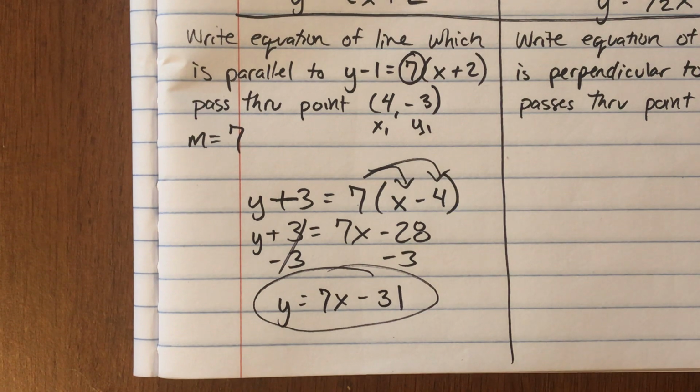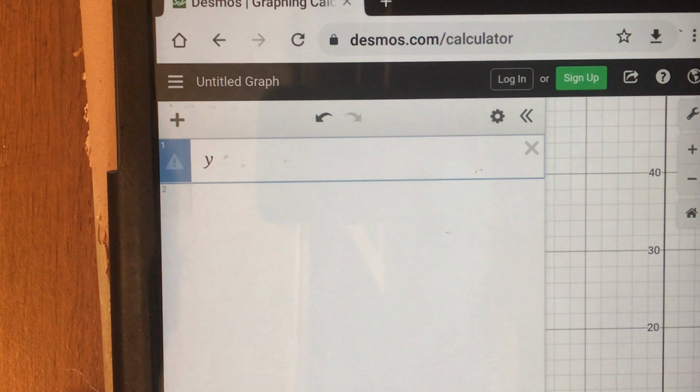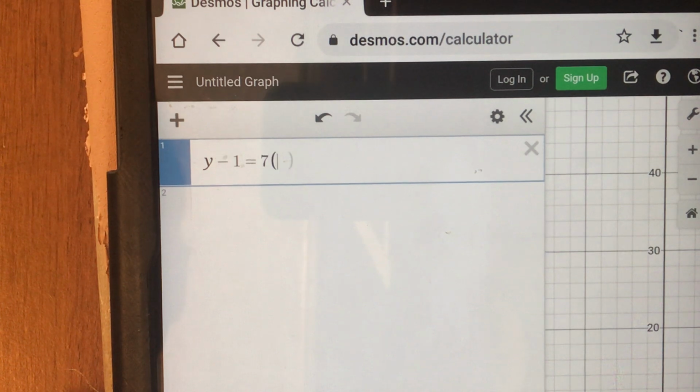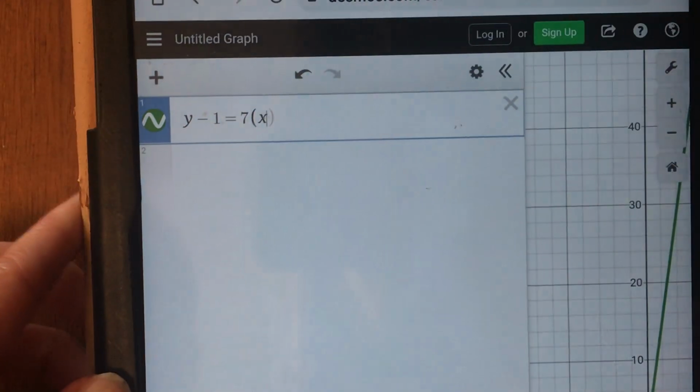The last thing for each of these problems that you should always be doing is typing in your equations and making sure that they check out. So the original equation here was y minus 1, in point slope form, equals 7 times x plus 2.